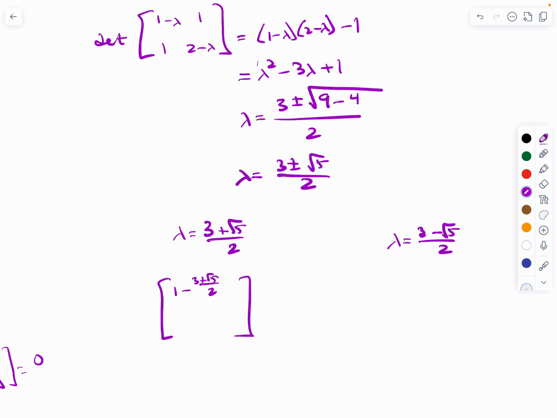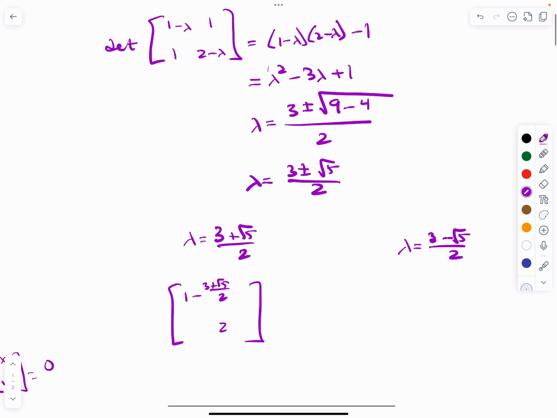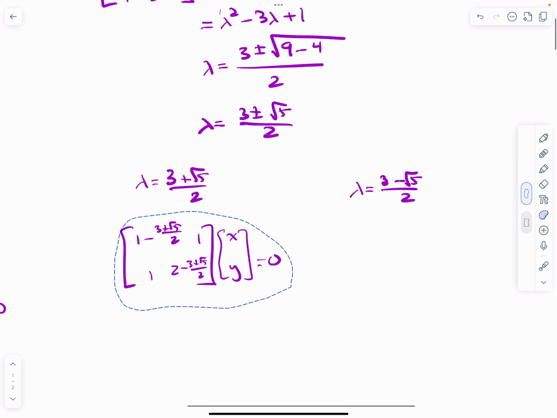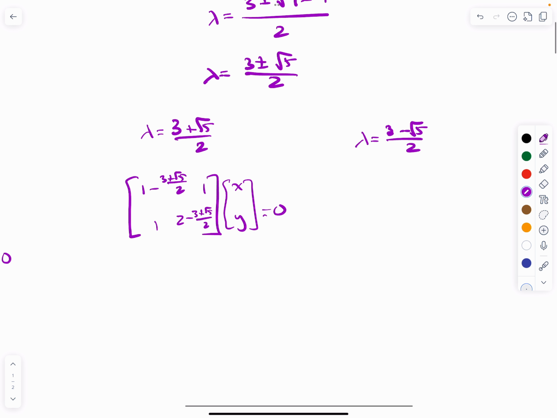Let's see, this is 2 minus 3 plus radical 5 over 2. And this is going to be something similar. In fact, it's so similar that I'm just going to do the work and then copy it, because it's almost going to be the same.